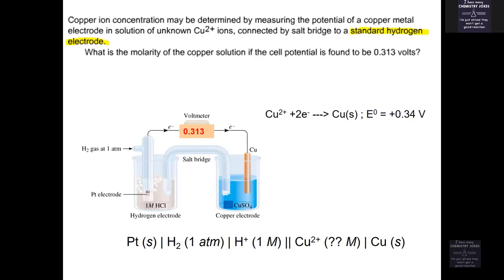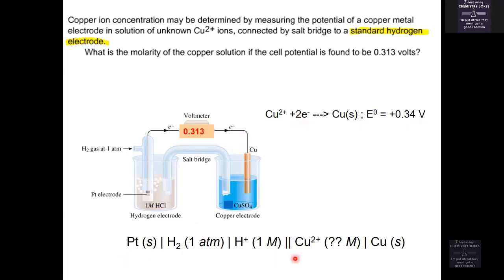The voltage we're told it measures is 0.313 volts. The standard reduction potential of copper is 0.34 volts. So when you combine the SHE with copper, copper has to be the cathode because copper has to be being reduced in order to get a positive voltage overall.